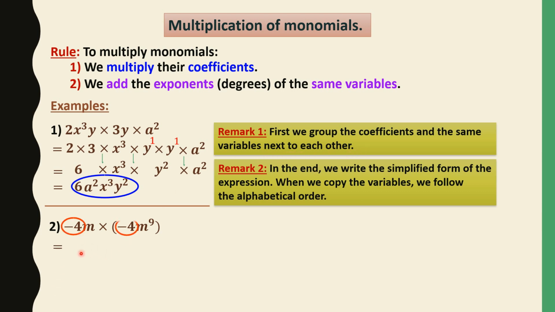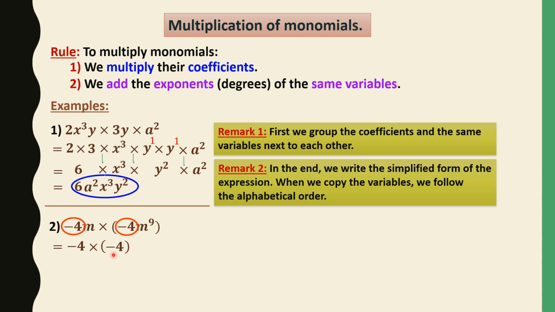So negative 4 and negative 4, we copy them next to each other. Negative 4, since it's in the beginning of the expression, we don't have to write it between parentheses. But since the other negative 4 is not in the beginning of the expression, we have to write it between parentheses, because we cannot write 2 signs next to each other like this, times and minus.